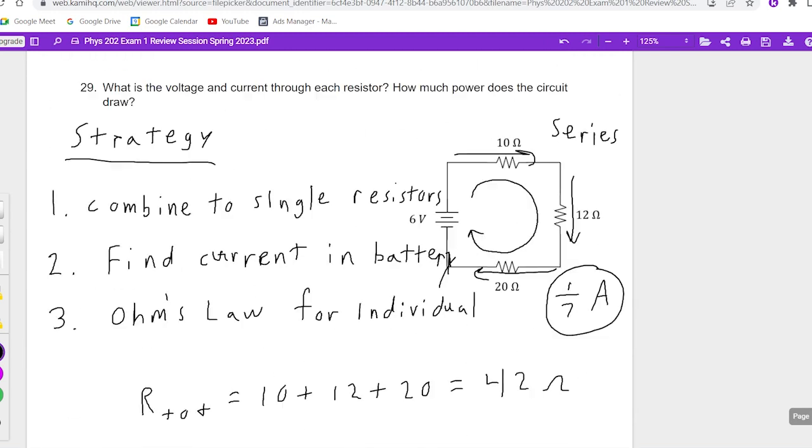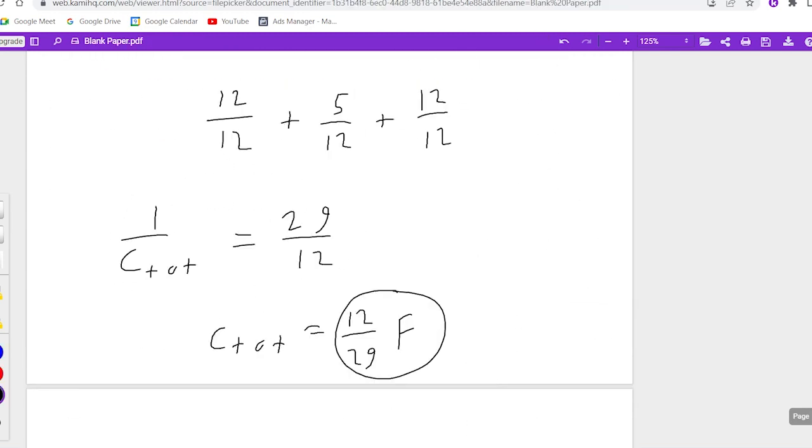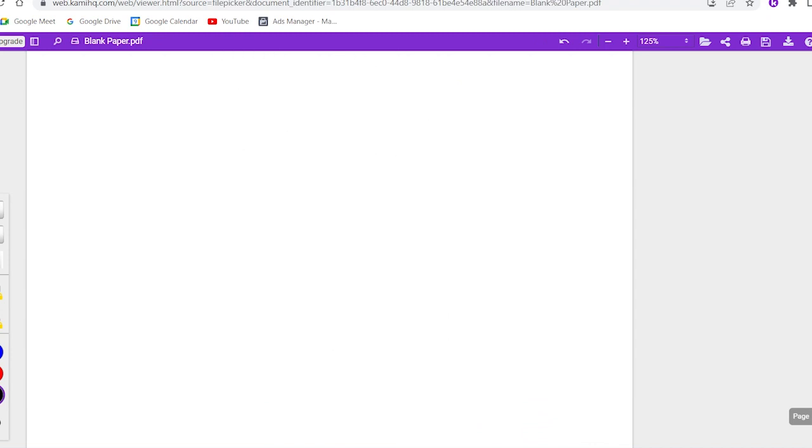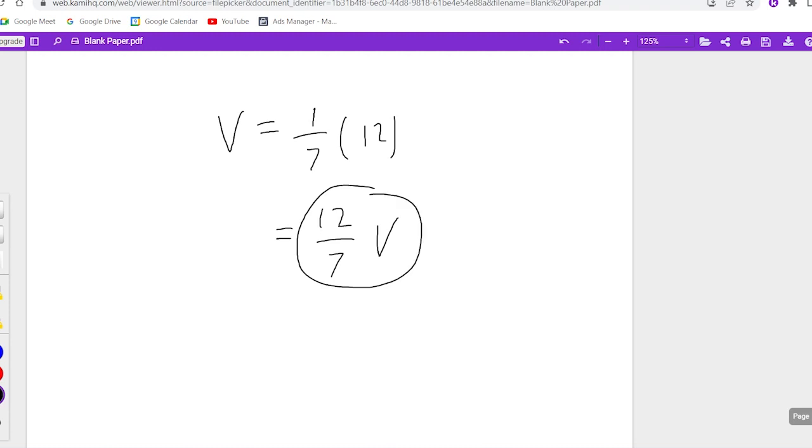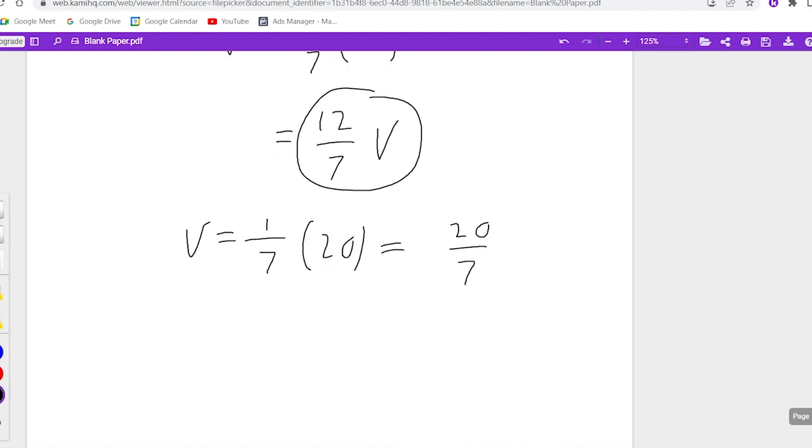For the 12 ohm resistor, it's going to be the exact same thing, except now it's V equals 1/7 times 12. So you get 12/7 volts, again for the 12 ohm resistor. And then finally for the 20 ohm, it's just 1/7 times 20. You get 20/7 volts.